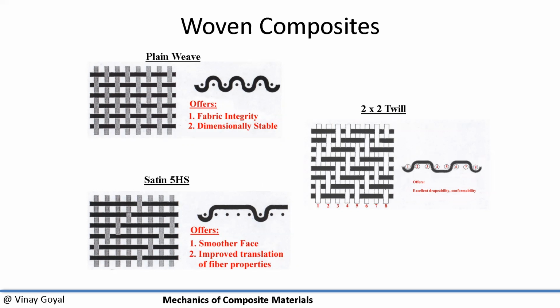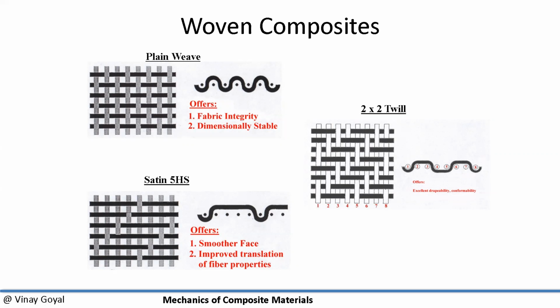And what I'm talking about when I say five harness satin is four up, one down, four up, one down. The five can be confusing, but we're really talking about four up, one down. So an eight harness satin is going to be seven up, one down, and so forth. So keep that in mind.